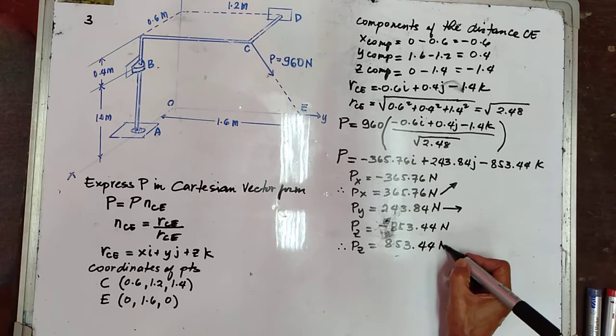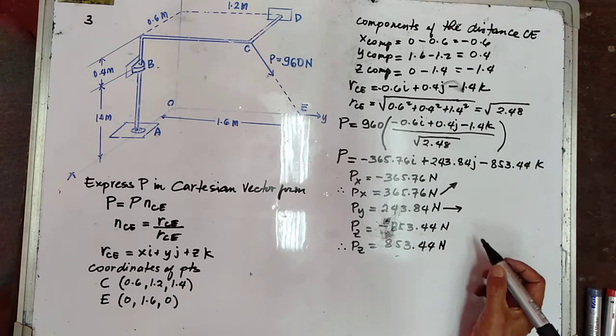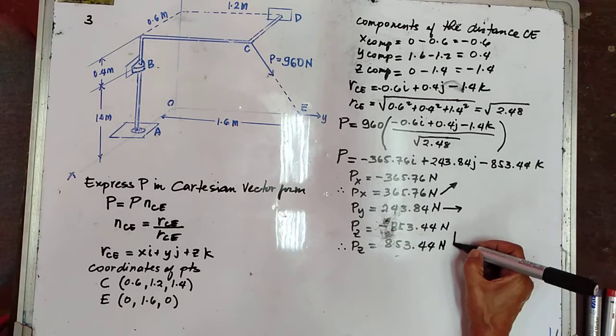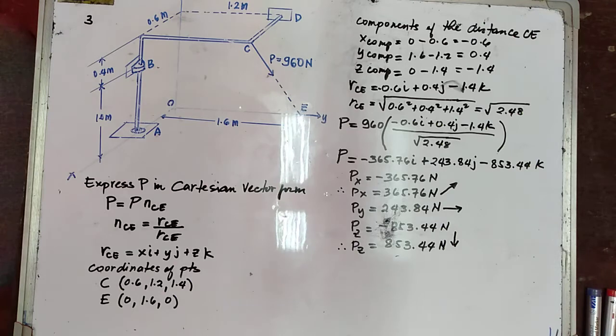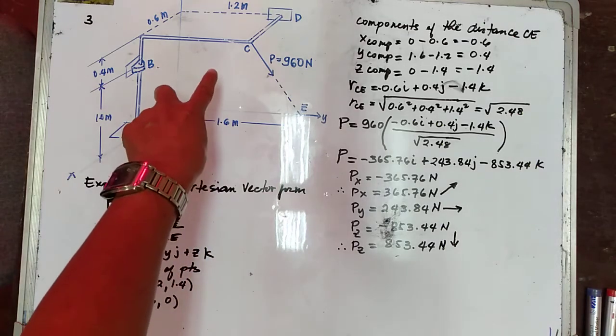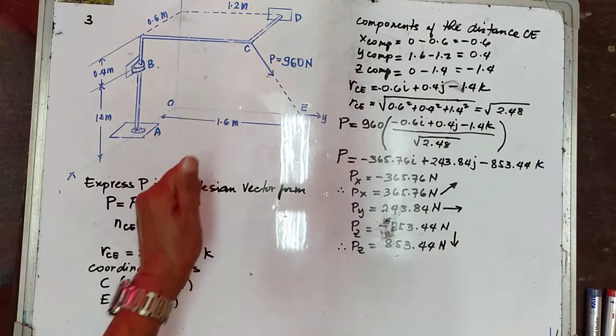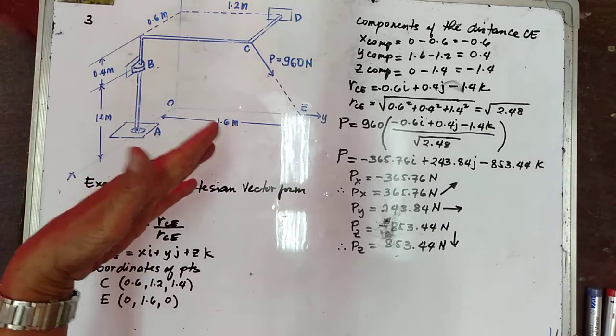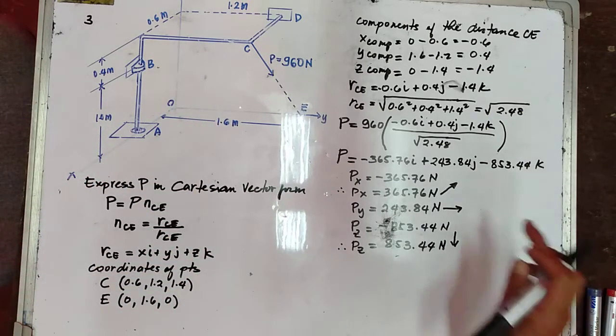So that is negative, therefore your Pz is going downward. If you look at your P in here, it is pointing backward, down to the right.